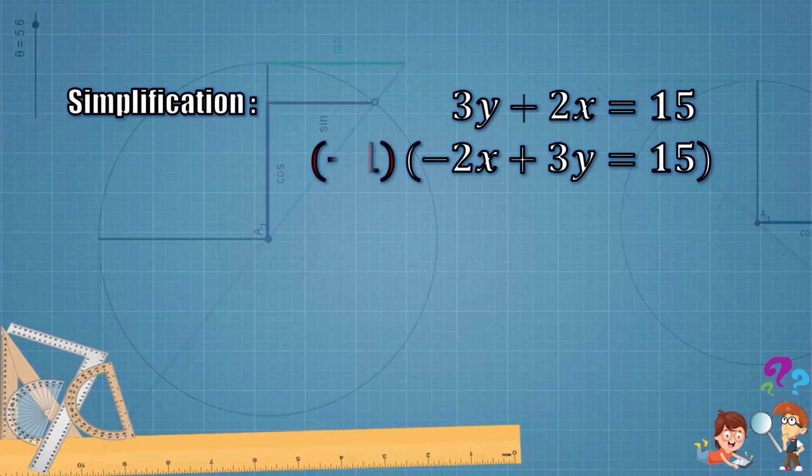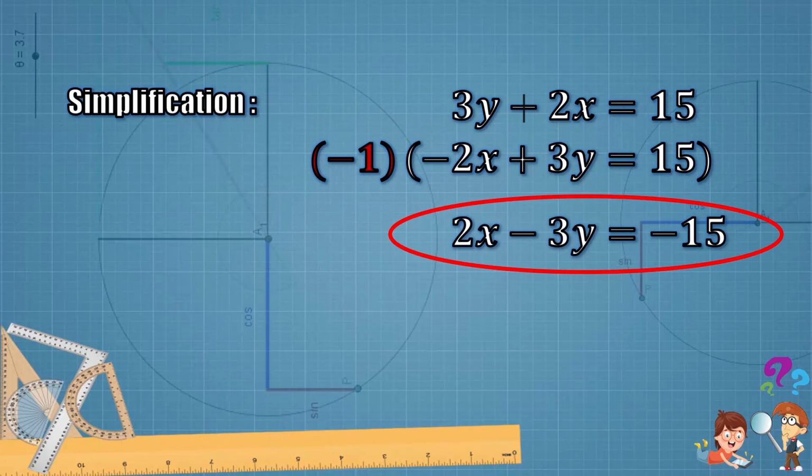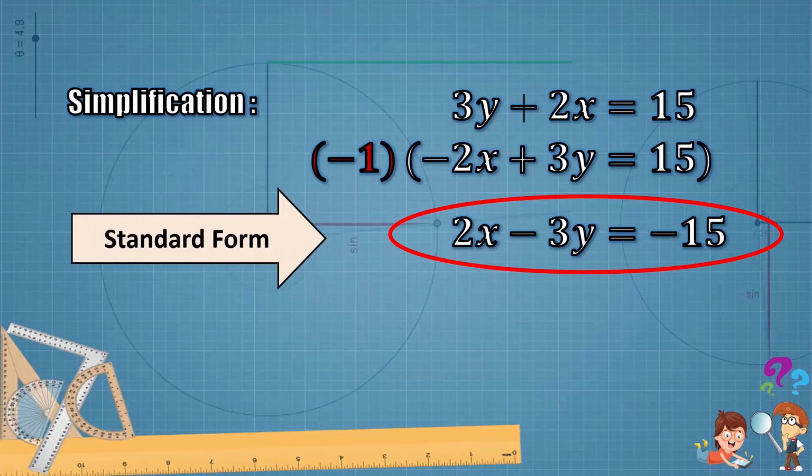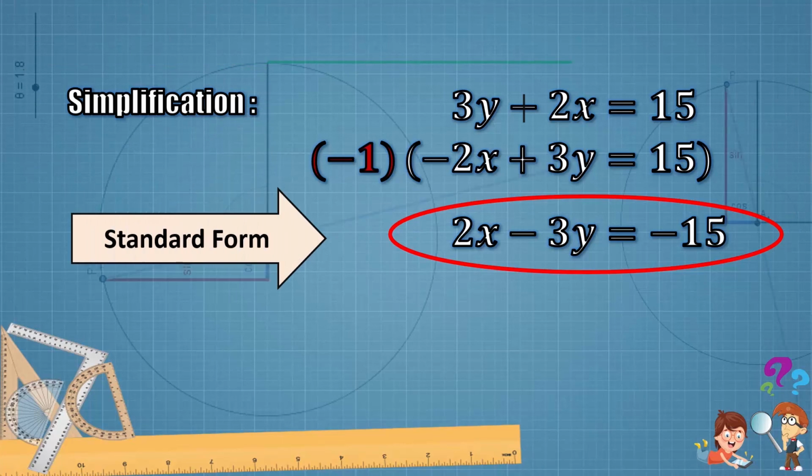We have negative 2x plus 3y equals 15. Since x is negative, we need to multiply the equation by negative 1 to make it positive. We now have 2x minus 3y equals negative 15. The standard form of y is equal to 2x over 3 plus 5 is 2x minus 3y equals negative 15.